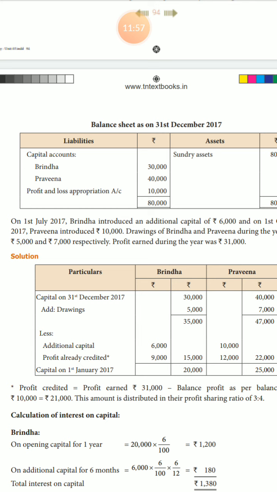Additional capital is deducted. You write the inner column first, and afterwards the outer column. Brinda's additional capital is 6,000 rupees and Praveen's is 10,000 rupees. Next is profit already credited. How much is the profit? 10,000 rupees.